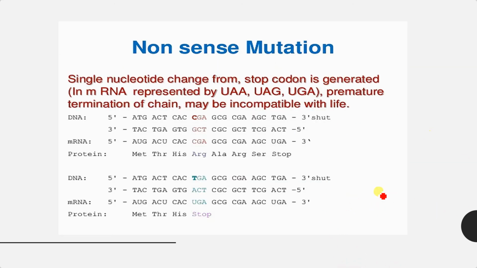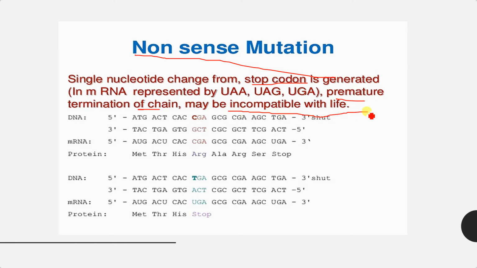And the last class in the mutation is called nonsense mutation. This single nucleotide change will result in a stop codon, which will cause premature termination of the chain, and may produce an incomplete protein that may be incompatible with life.